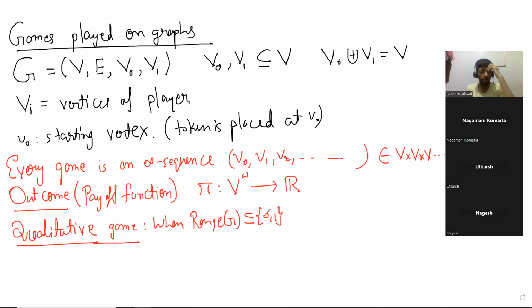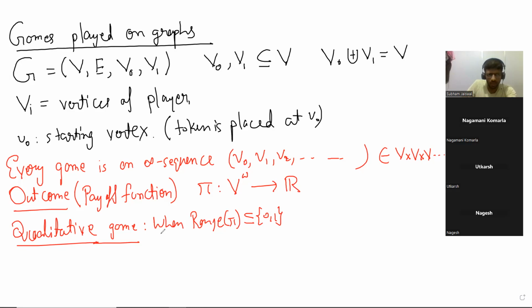If that sequence contains the final vertex which you want to reach, then it means player 1 has won, and we will return 1 for those sequences, otherwise we will return 0. Those are the qualitative games, and in fact those are the games we will talk about. The quantitative ones will need some more linear programming and so on, which we will do later.